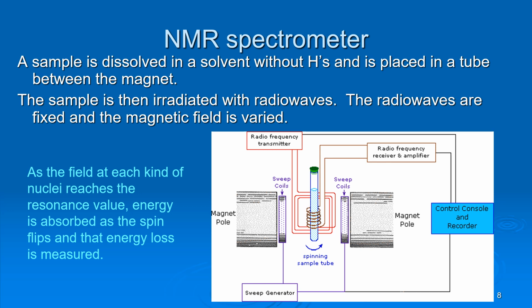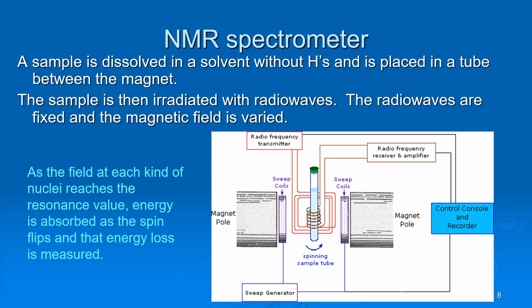What they'll do is scan different radio wave frequencies, and when the nuclei reaches resonance, it will absorb energy, and that will be noted by the detector. The spin will flip, the energy loss is measured, so the frequency that's being put in will be absorbed, and then it'll be noticed that it's decreased, and so it'll be measured.